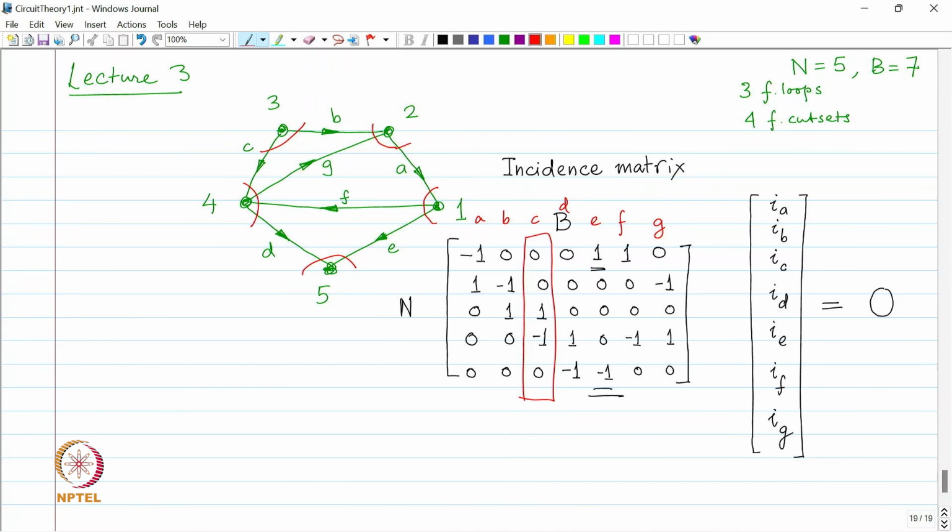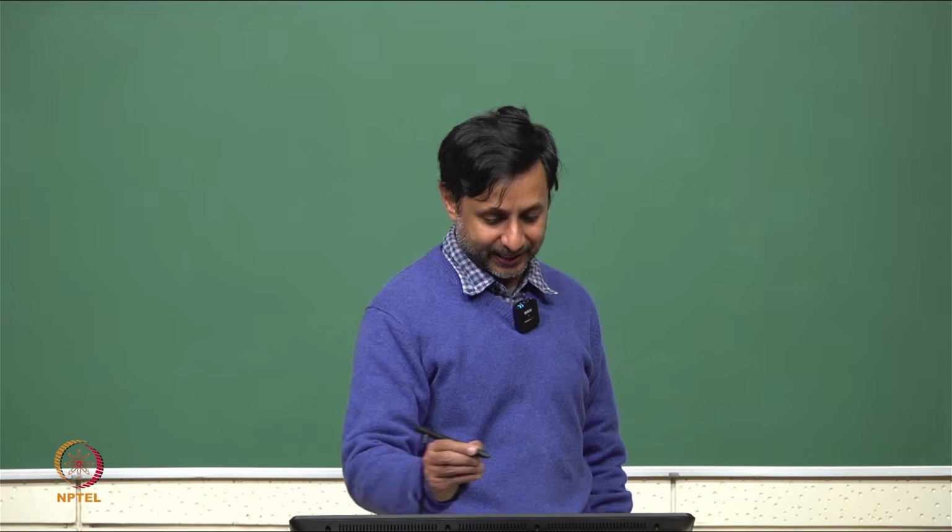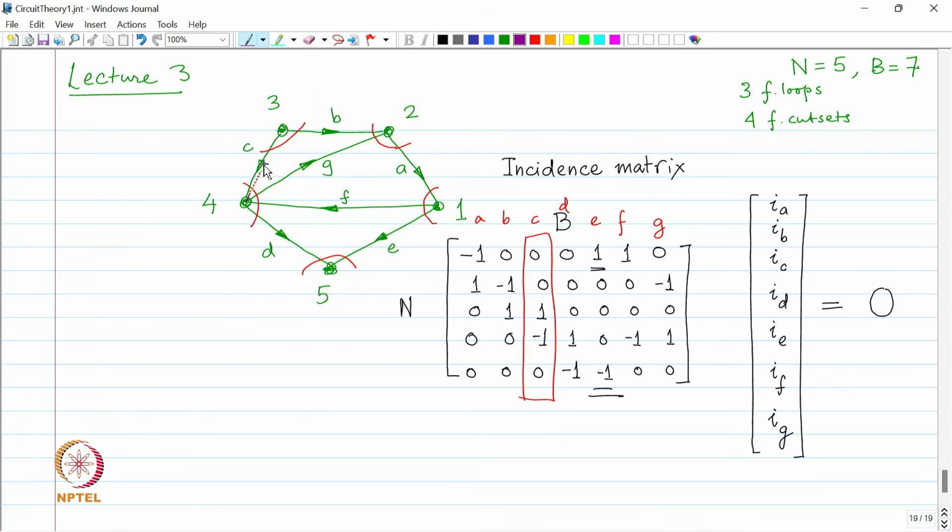So, Kushagra says that if I look at branch C, branch C started from node 3 and therefore node 3 is a plus 1, and branch C went to node 4 and therefore node 4 is a minus 1.